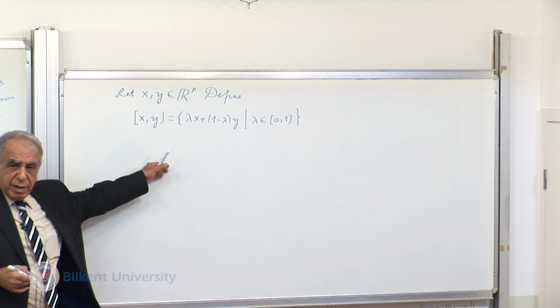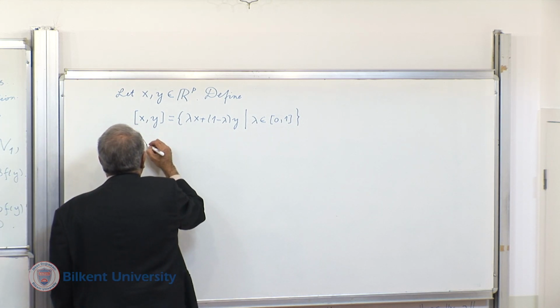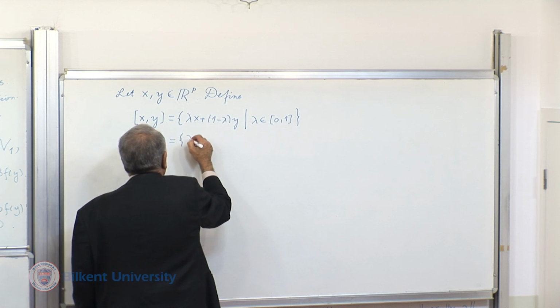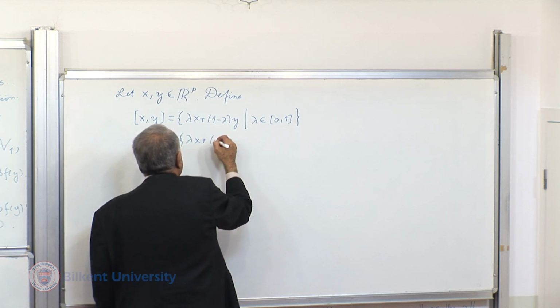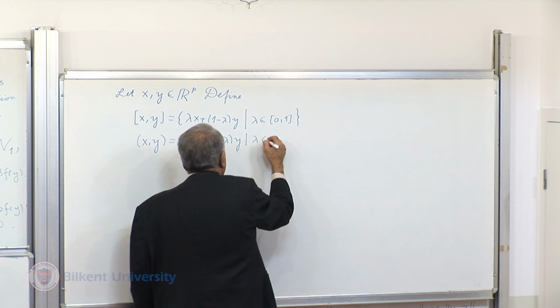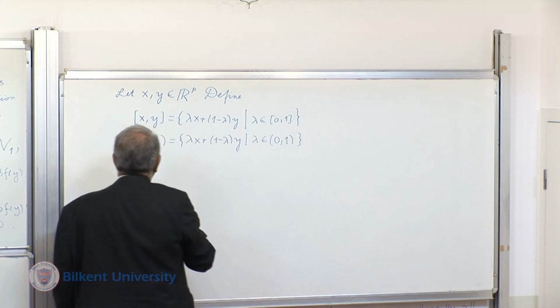This is a very natural definition of this. Now, this is lambda x plus 1 minus lambda y, such that lambda is in the open interval (0, 1).